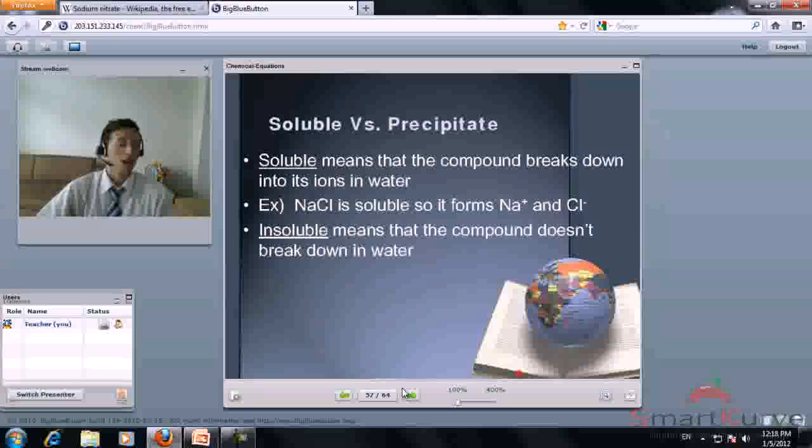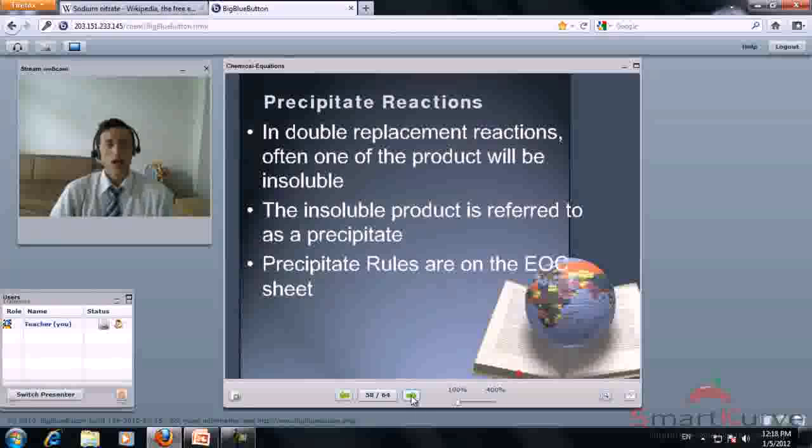Insoluble would mean the compound does not break down in water. Here, we see on slide 58, we see that in double replacement reactions, often one of the products will be insoluble, and the insoluble product is referred to as the precipitate.